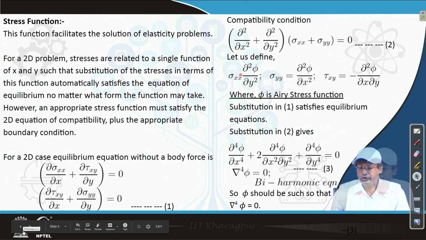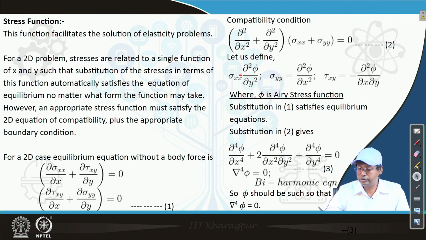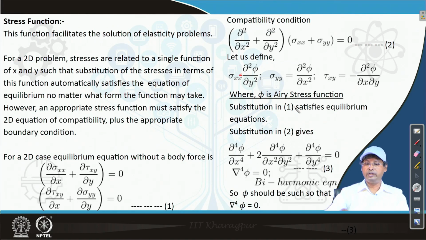So, if we see, we also define or bring one more famous physicist's name, that is Airy. Airy's stress function phi is known as, where phi is Airy's stress function.